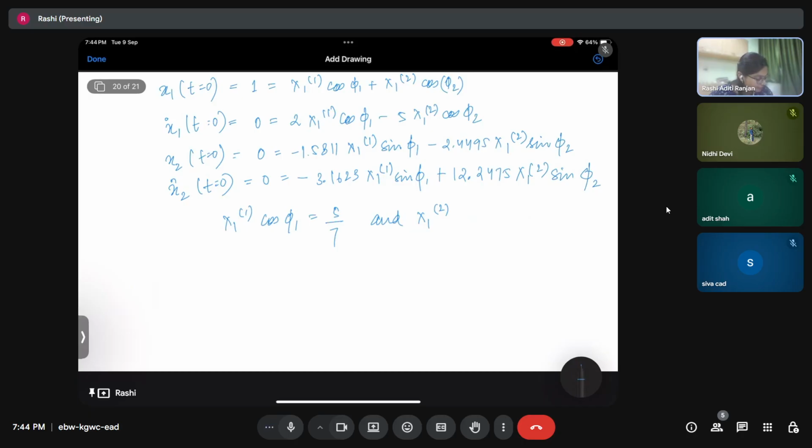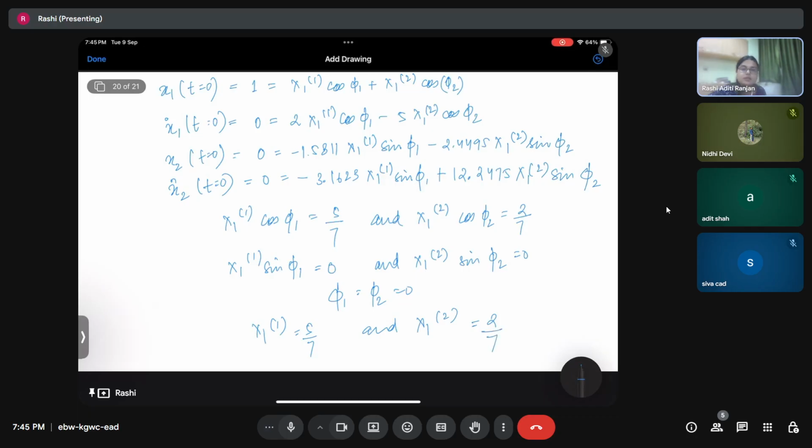So x1 of 2 cos phi 2 we'll get as 2 by 7. For the velocity, we get x1 of 1 sin phi 1 as 0 and x1 of 2 sin phi 2 as 0. So from here we can see that phi 1 and phi 2 are both equal to 0. If phi 1 and phi 2 are 0, x1 of 1 is 5 by 7 and x1 of 2 is 2 by 7.